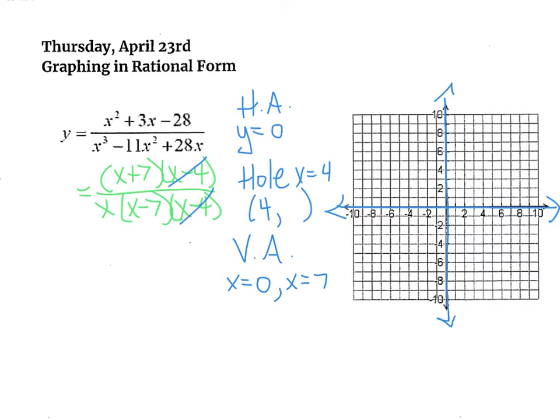That's one of them. And where x is equal to 7, hopefully I'm graphing this in the right spot, is over here. We're going to have three areas of the graph. We're going to have something going on in this, something going on in that, and then again over here. Three different parts of the graph.